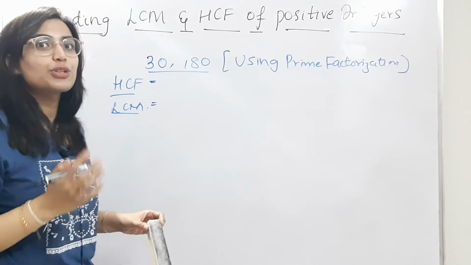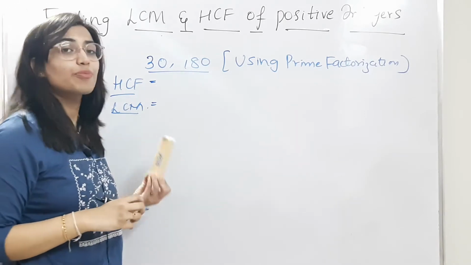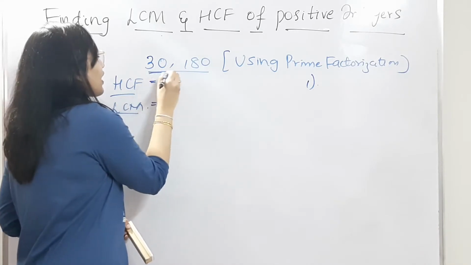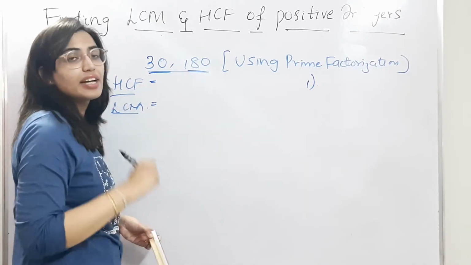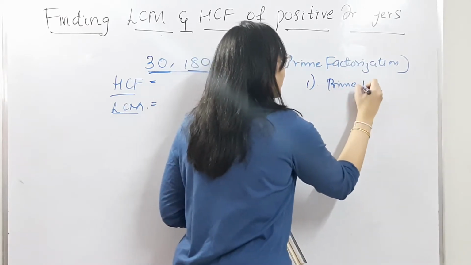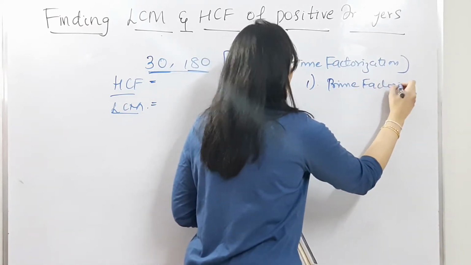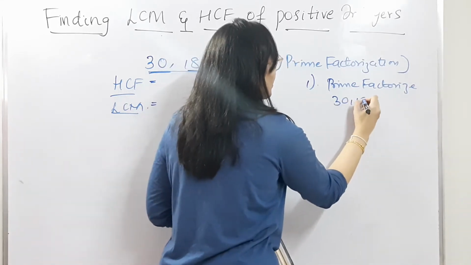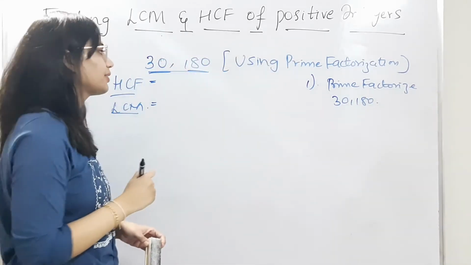The first step is you need to prime factorize the given positive integers. That is, first you need to prime factorize how many numbers they give you. So in here we have 2 numbers, so we need to prime factorize 30 and 180.